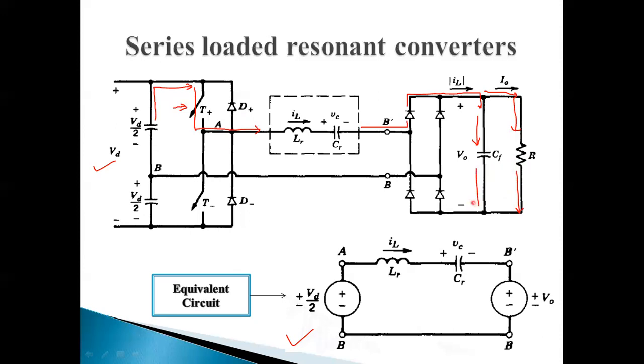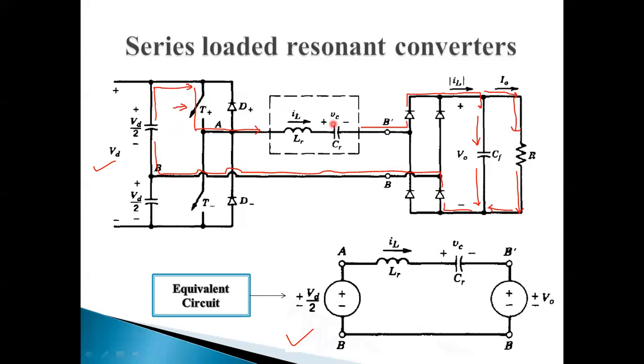After that, the current flows through this diode, and finally in this direction to complete its closed loop path.